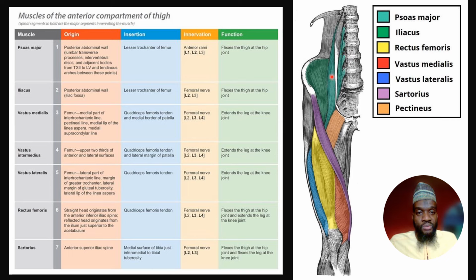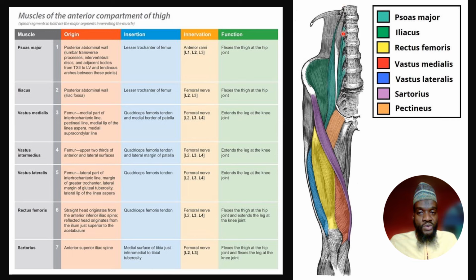The psoas major muscle: the origin is from the posterior abdominal wall, particularly the transverse processes of the lumbar vertebrae and the adjacent bodies from T12 down to the fifth lumbar vertebra, as well as the tendinous arches between these points.